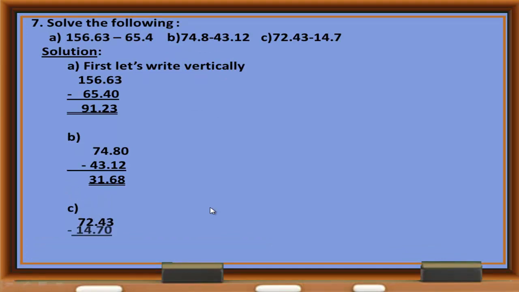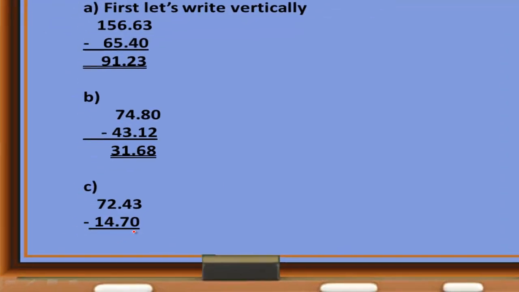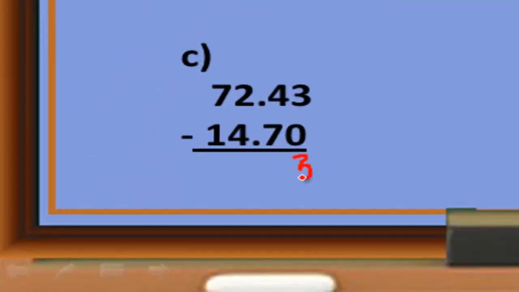72.43 minus 14.67. 3 minus 7 is impossible. We borrow from this one. It will be 13. This will be 3. 13 minus 7 is 6. 3 minus 6 is impossible.